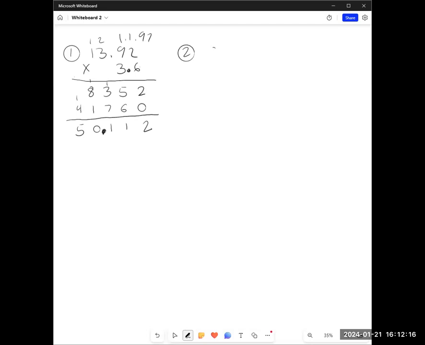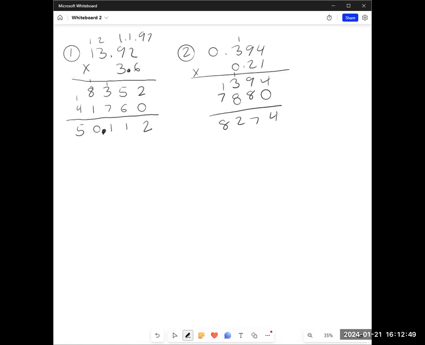Number 2, 0.394 times 0.21. 1 times 4, 1 times 9, 1 times 3, 0, 2 times 4 is 8, 2 times 9 is 18, 6 and 1 is 7, 4, 17, 11 and 1 is 12, 8, 1, 2, 3, 4, 5.